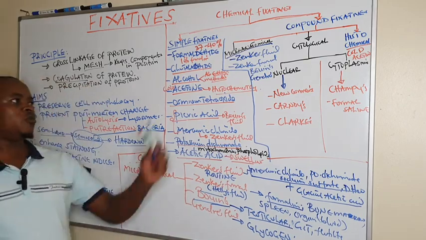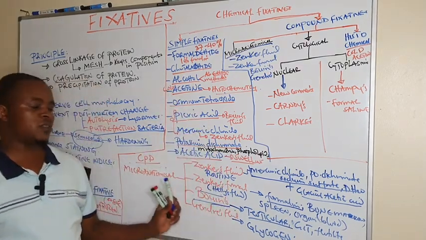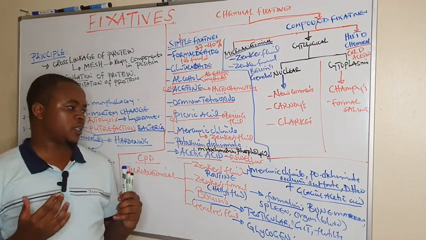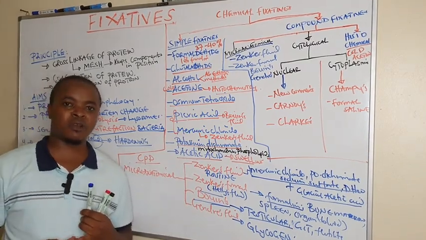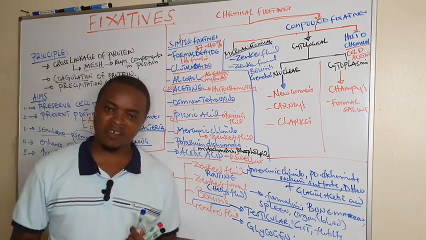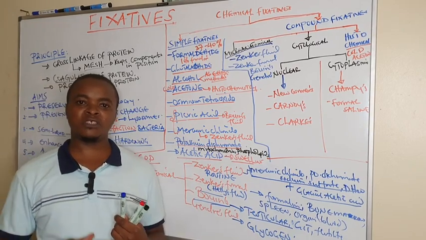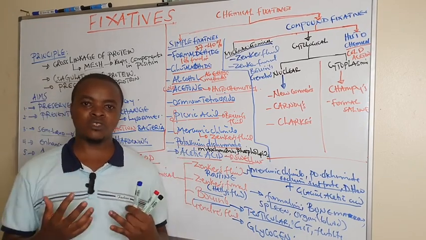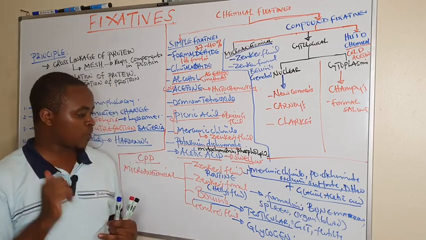So these are all multiple choice objectives which you need to know. If they ask you which of the following compound fixatives is used for preserving bone marrow tissues, spleen, or tissues with much blood, that is Zenker's formal.